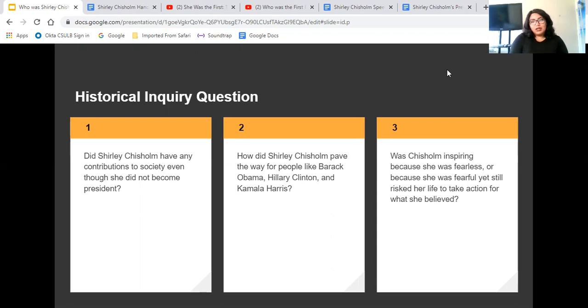their answers. Was Chisholm inspiring because she was fearless or because she was fearful yet risked her life to take action for what she believed in? So, number three is more like an opinion, I would say. I want students to express if they felt she was inspiring because she was fearless or because she was fearful.